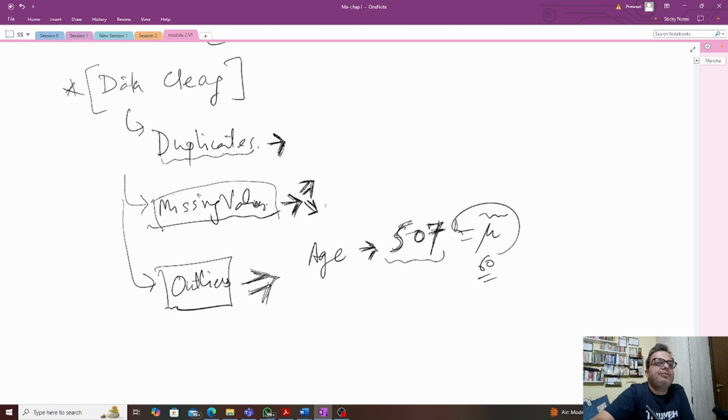Depending upon the size of the data set, if the size is not large, or the errors are many, your analysis is going to go for a toss. So finding anomalies or outliers and getting rid of them is very important before you get into the analysis of data.